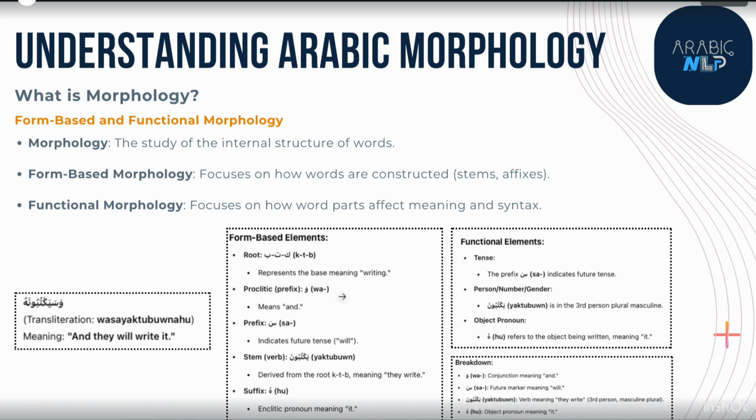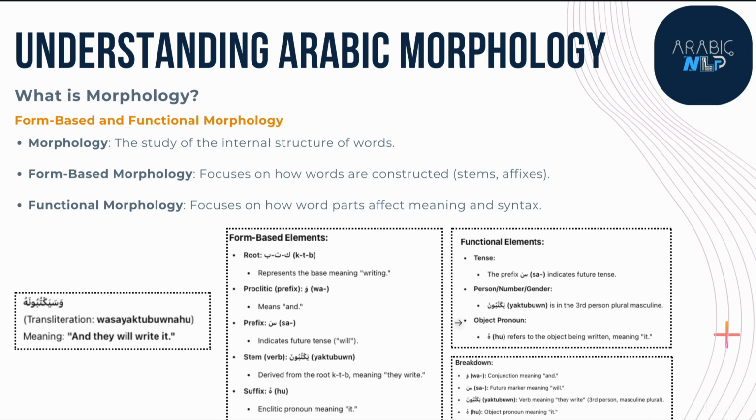The functional morphology here represents the tense, the person, number, gender, and the object pronoun. So the tense here is the future, right? And we have one person or more than one. We have yaktubun, which means third person plural form.